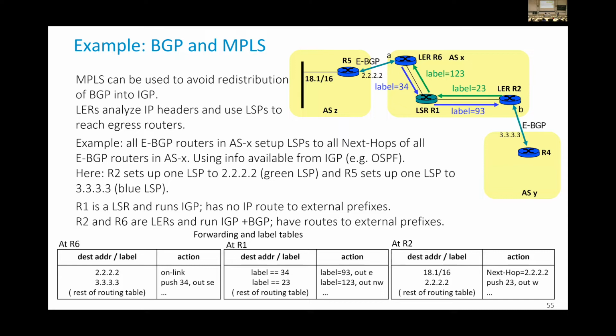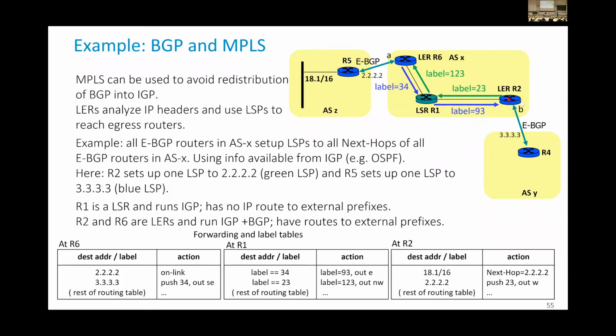So BGP knows for every prefix, like 18.1 in R2, what is the next hop that we should send to. So what BGP gives to every router is information of the kind: in order to go to this remote address, go to this next hop, which is in your domain. This is what BGP does at the end of the day. All the complexity can be summarized into that.